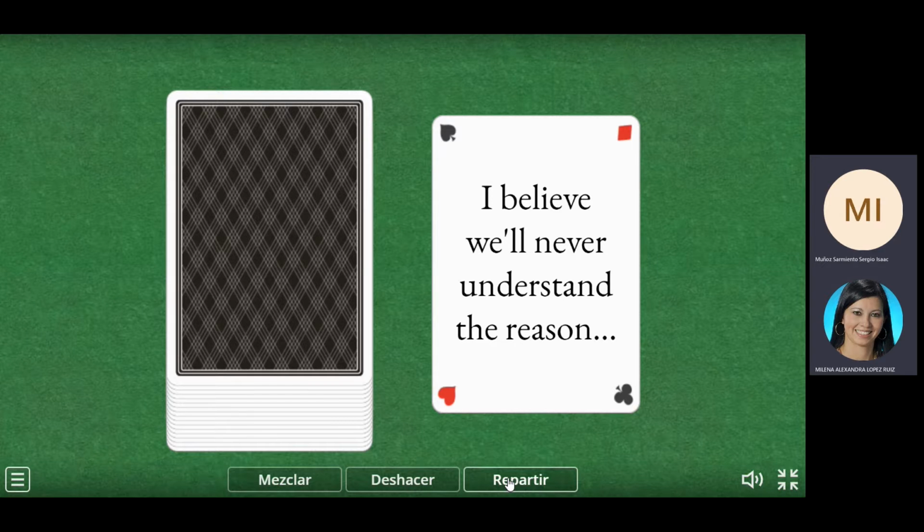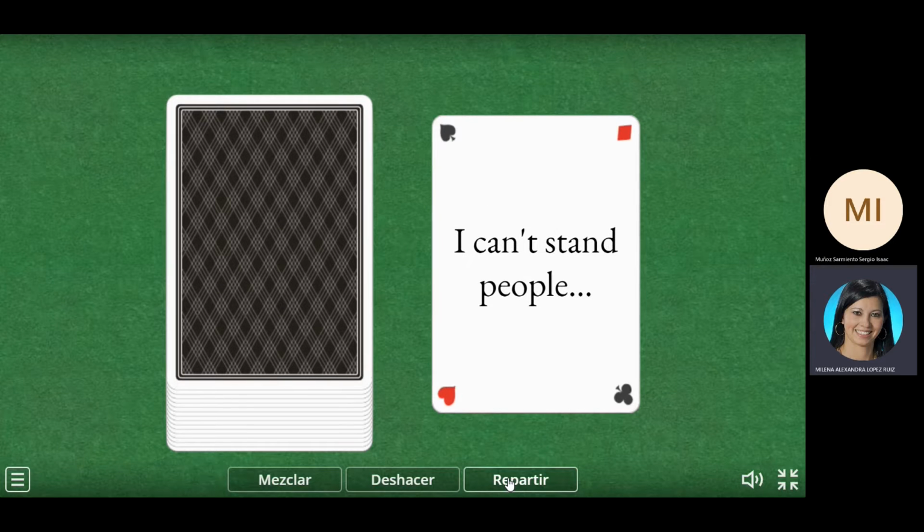I believe we'll never understand the reason why people's behavior is so mad sometimes. So mad, yes. People are crazy. They behave really weird, I would say. Okay, go ahead.